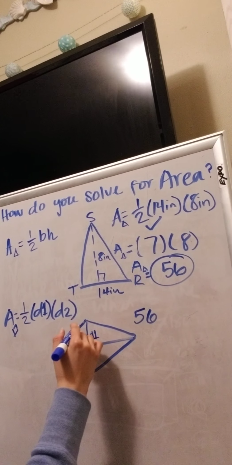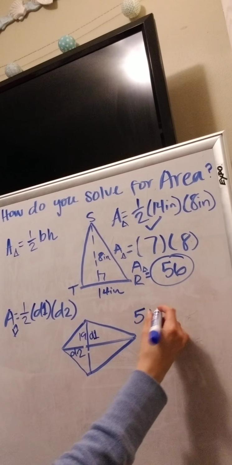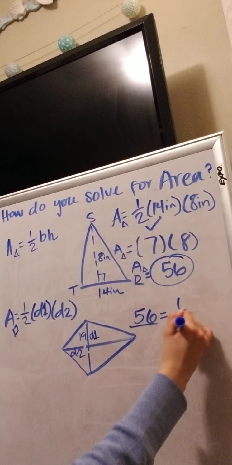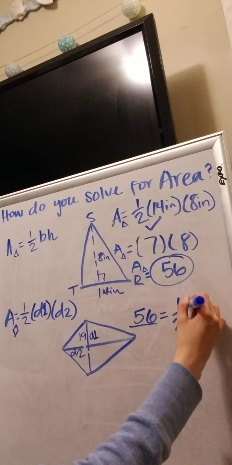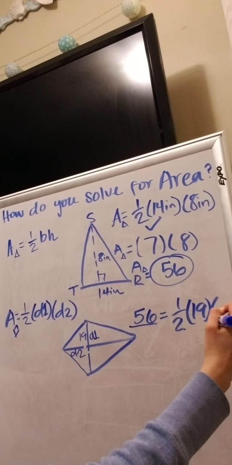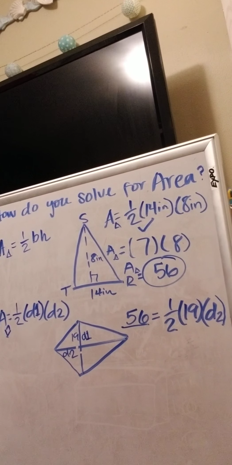But then we're going to say that diameter 1 is 19. So if we have the area over here, we're going to do 1/2, just putting the formula in, and we're saying that diameter 1 is 19 times diameter 2, which we're going to say is unknown right now.